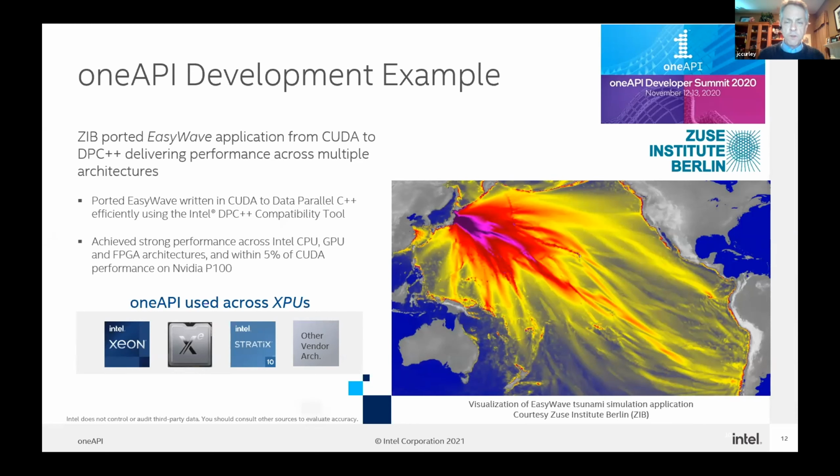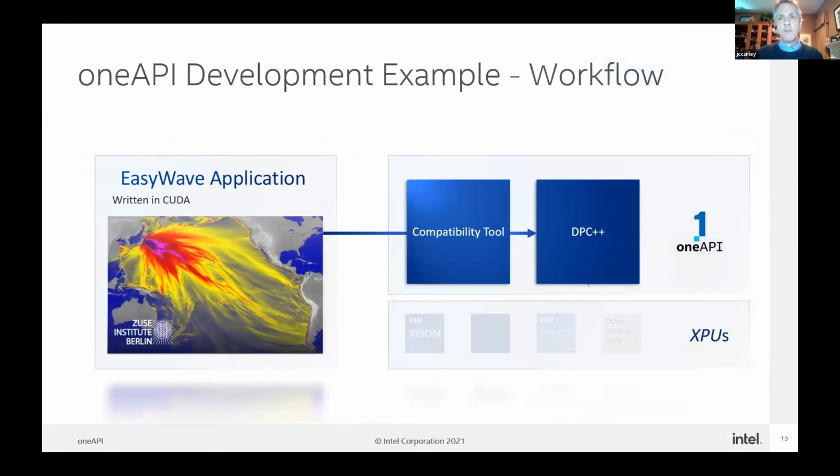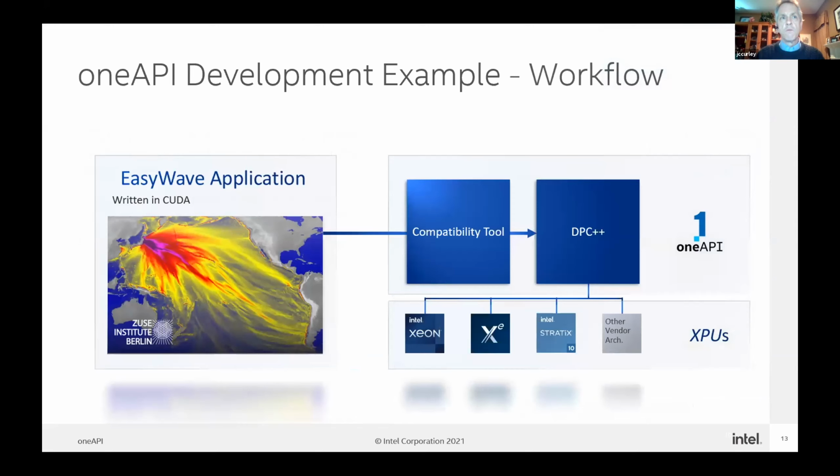This was a wonderful testimony to learning, from a number of interactions we had through the beta, with great community feedback on what was working, but also that the promise exists to use a single code base across all of these diverse accelerators. And as I mentioned, the workflow was to start written in CUDA and then go through a compatibility tool into the DPC++ language.